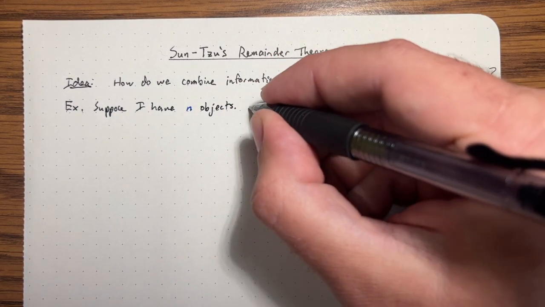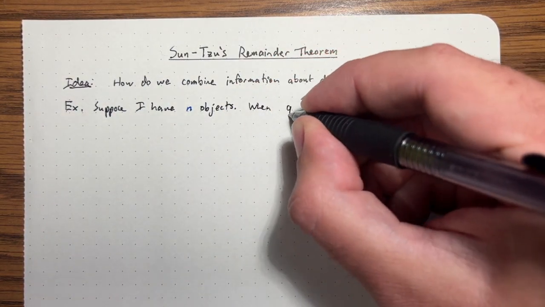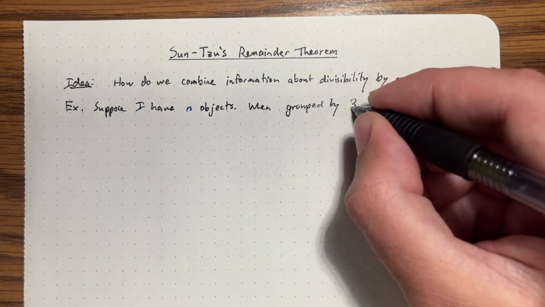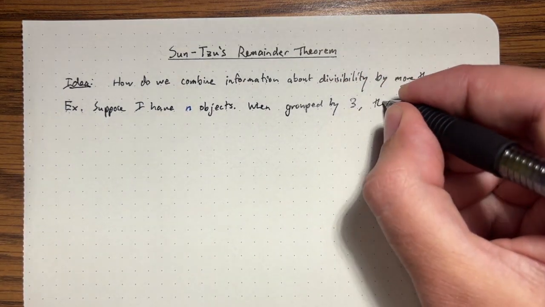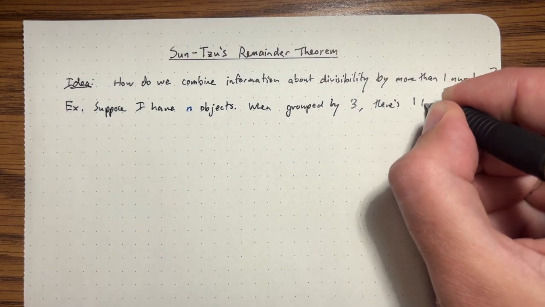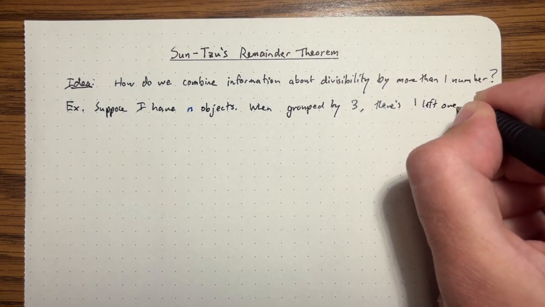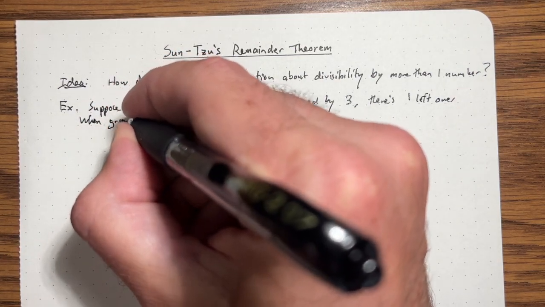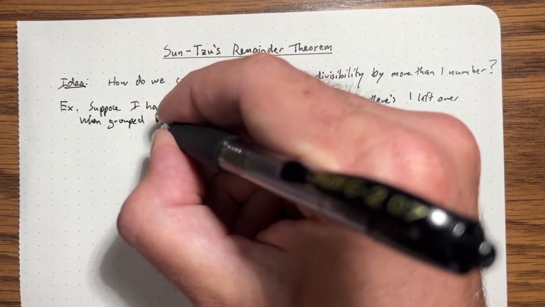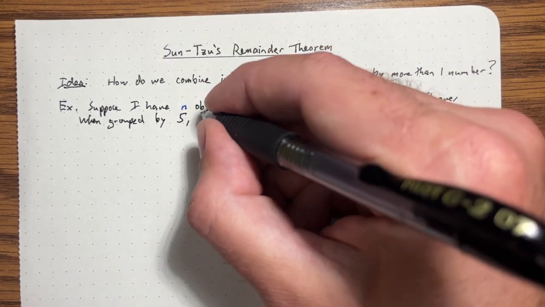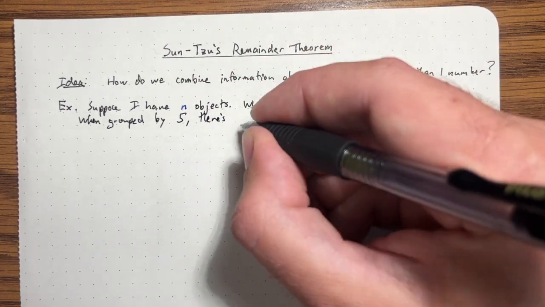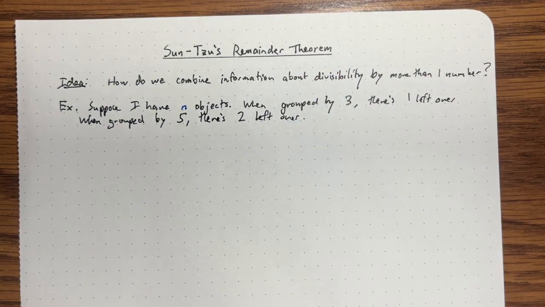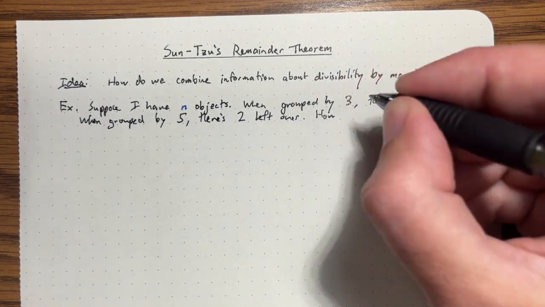And then when grouped by 3, so I'm putting groups of 3, there's one left over. Okay. And then when grouped by, let's say, 5, there's 2 left over. How many objects are there?